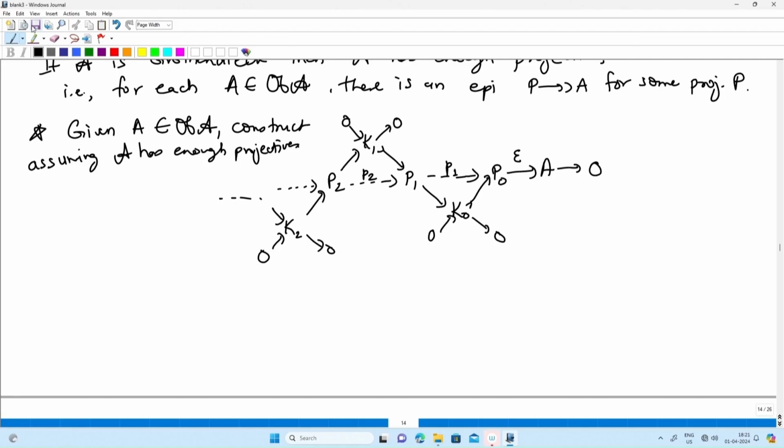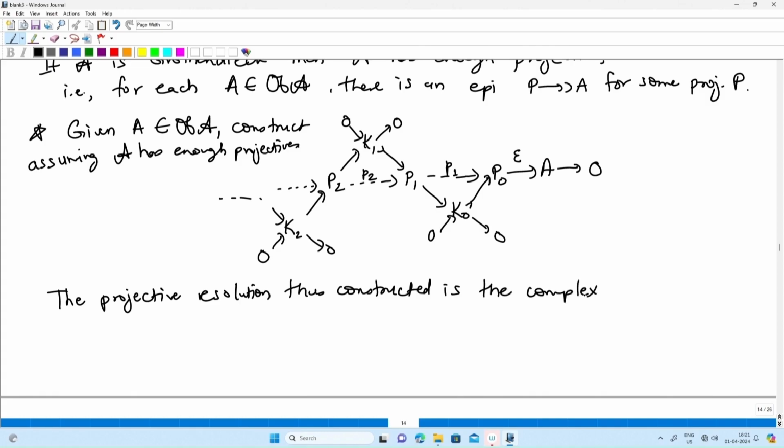Okay, so what is the projective resolution? The projective resolution thus constructed is the complex, by complex I just mean a chain complex, P2 to P1 to P0 to 0.